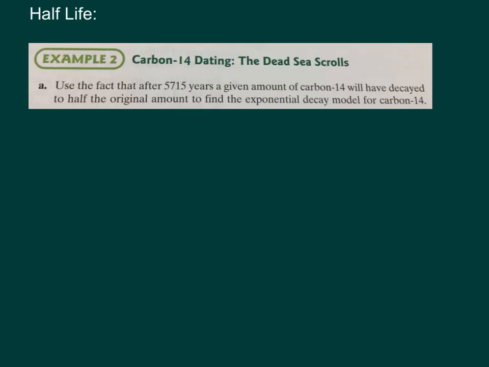In example 2, we're going to talk about half-life. And that just means that if you remember in your exponential growth equation or decay, your final amount is half of the original. So this is how it would look.